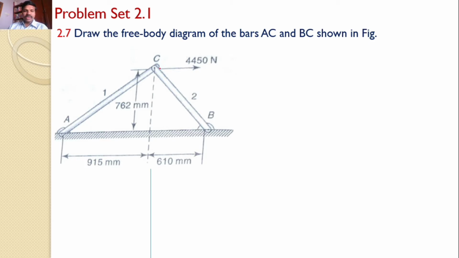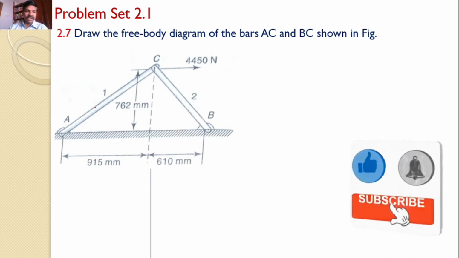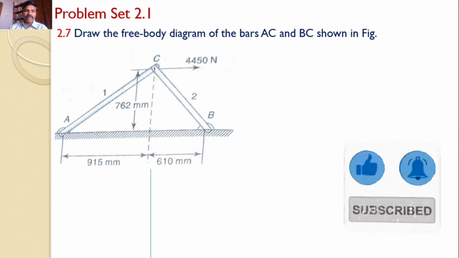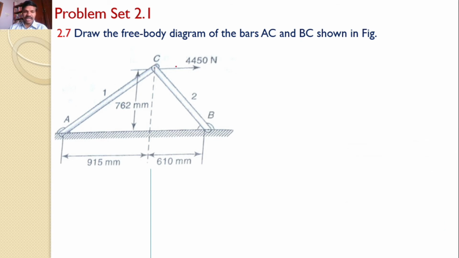Now, since at C a force of 4450 newtons is acting in the horizontal direction, we can observe that the string AC is in tension and the bar CB is in compression. Since it is pulling in this direction, the bar AC will get elongated, the bar CB may get compressed.